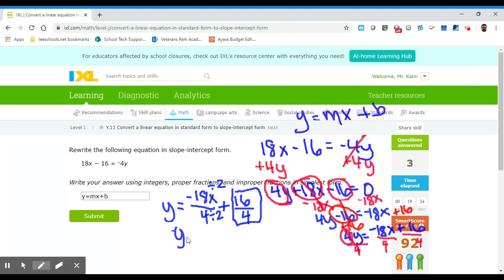So let's do y equals negative 9 over 2 x plus 4. Type in our answer over here. I'm going to put negative 9 halves right here where our slope is. And then to finish this off, I'm just going to put a 4 right there and click submit.